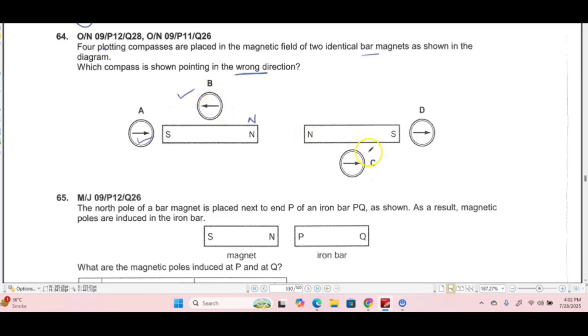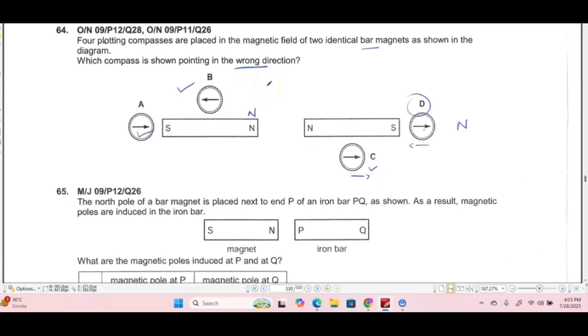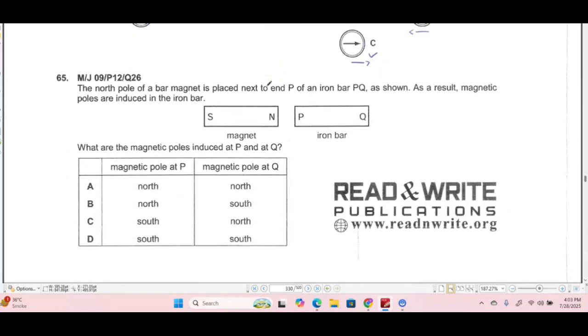So B is correct as well. If we look at option C, north is over here, so north of the compass is going to be in the opposite direction, so C is correct as well. And if south is over here, it should point towards the north like this, because north is the one that is giving the wrong direction. Okay, we've done one such question before as well.